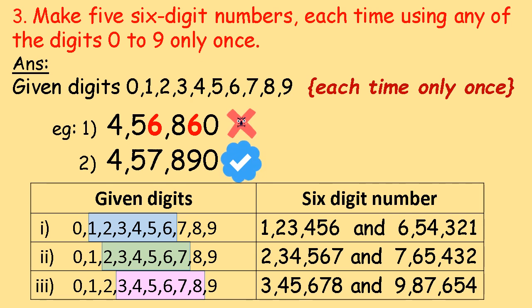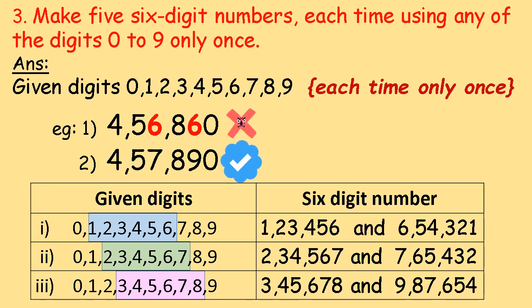I have shown various ways to make a 6-digit number in the table. In the first number, I have taken the digits from 1 to 6 and I have arranged the same digit once in the ascending order and once in the descending order.